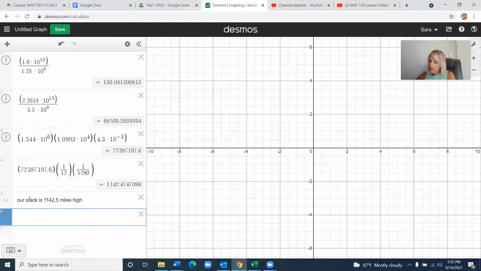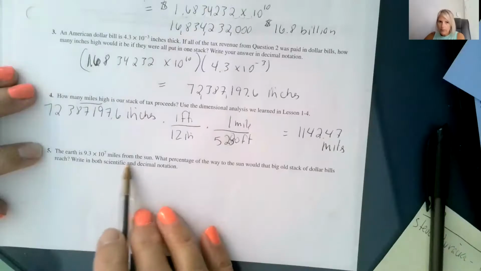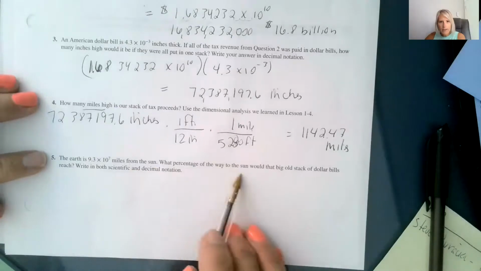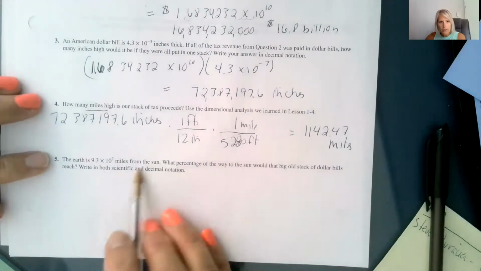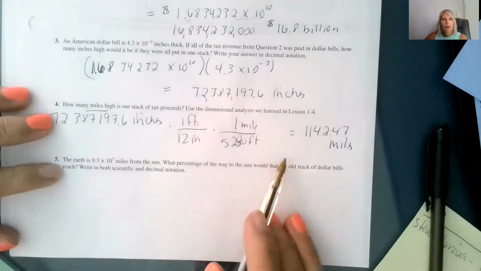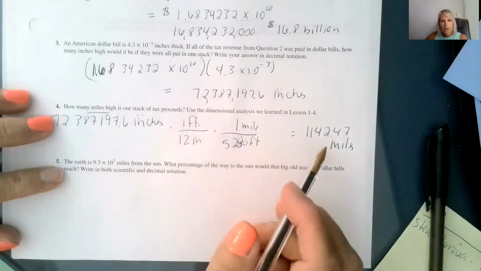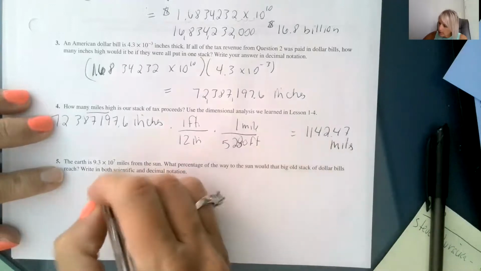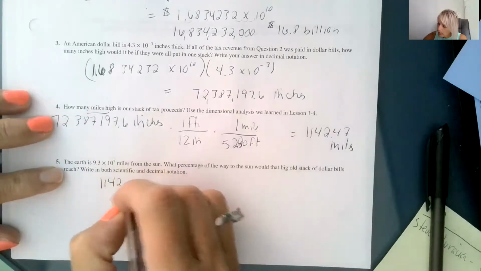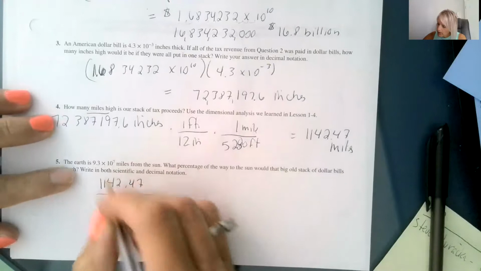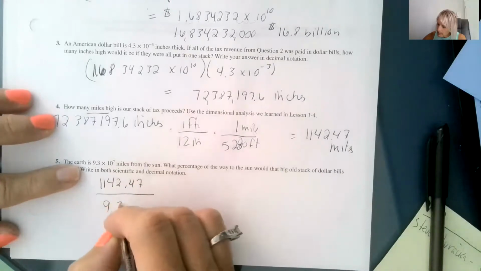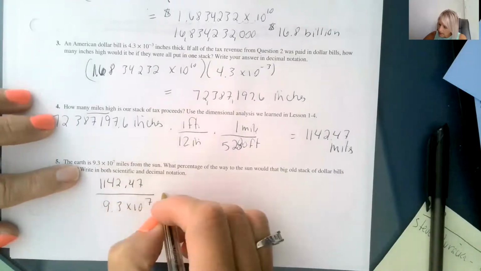Then question 5 says the Earth is 9.3 times 10 to the 7th miles from the sun. What percentage of the way to the sun would that big old stack of dollar bills reach? So what percentage? So these miles out of the distance to the sun. How far would that get us?